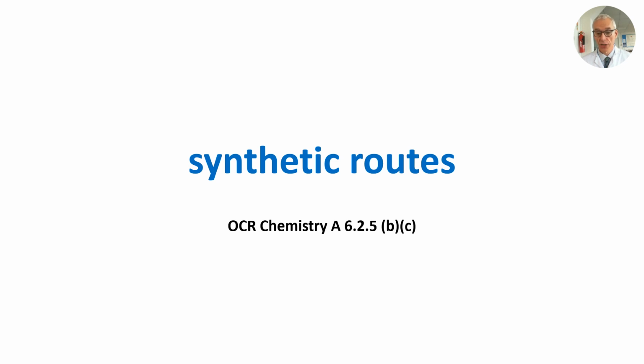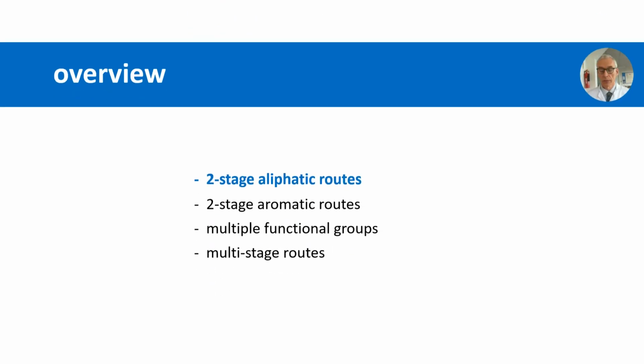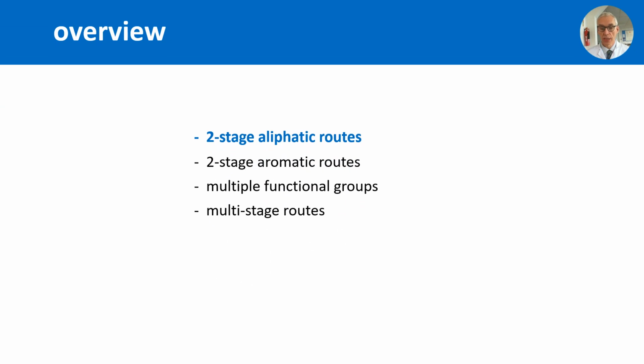Synthetic Routes, OCR Chemistry A, 6.2.5, Parts B and C. We will consider two-stage routes, firstly for aliphatics and then aromatics, move on to multiple functional groups and then multi-stage synthetic routes.